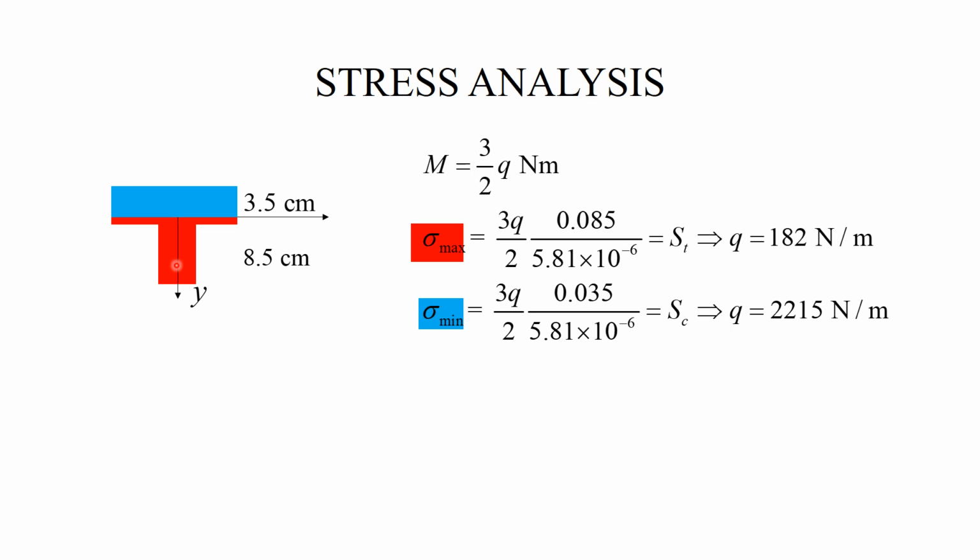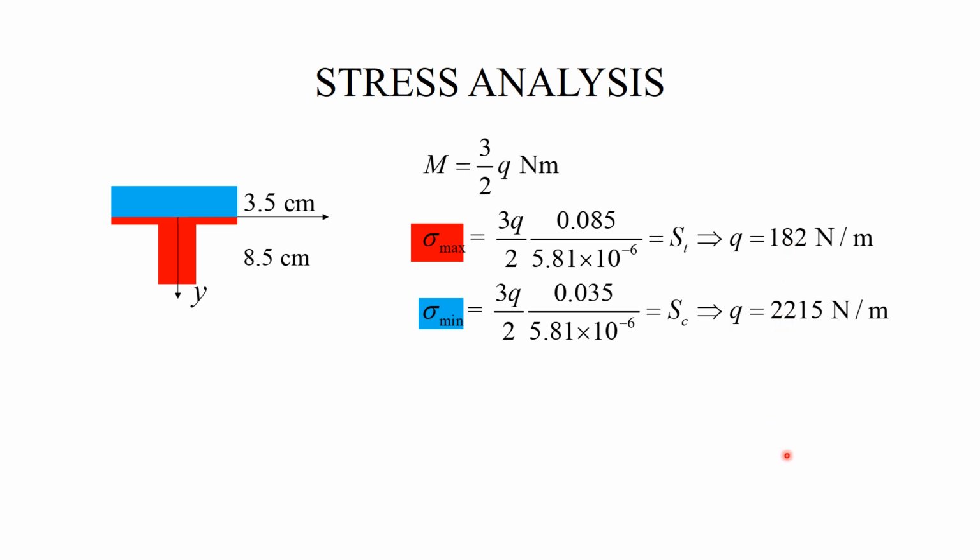And then I calculate the maximum stress in this cross section at the bottom using y equal to 0.085, and at the top using y equal to 0.035. And of course, I compare the stress to the strengths in tension and in compression. And this results in the values of Q given here.